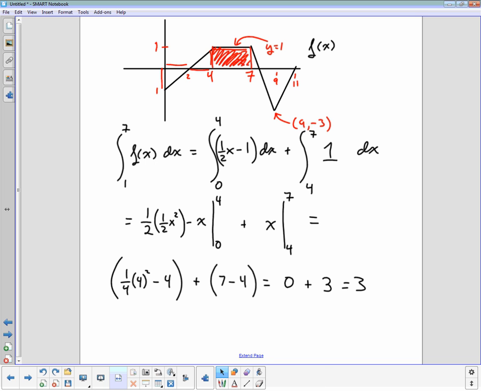All right. It is just 3. There are plenty more questions that I could ask about this thing, but let's do an interesting one. I charged you with finding the area from, oh, I should have said 0 to 7.